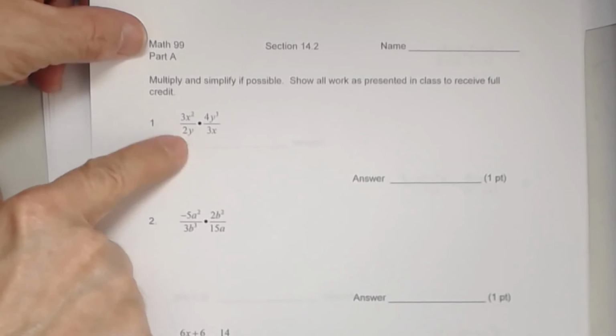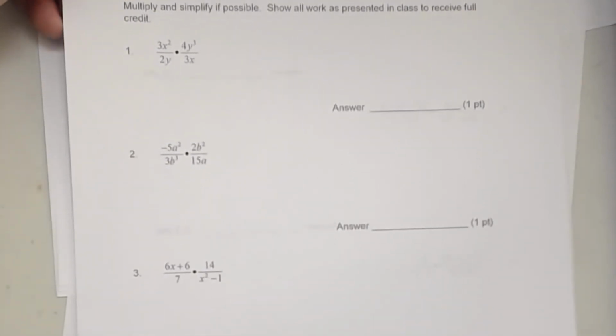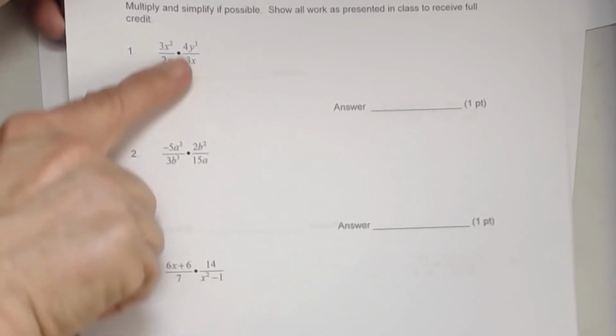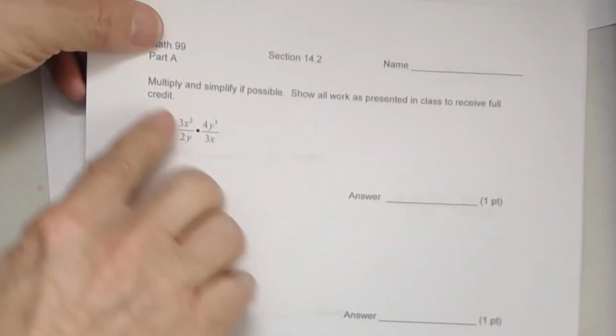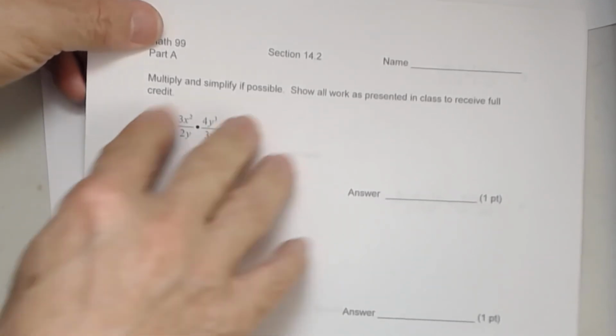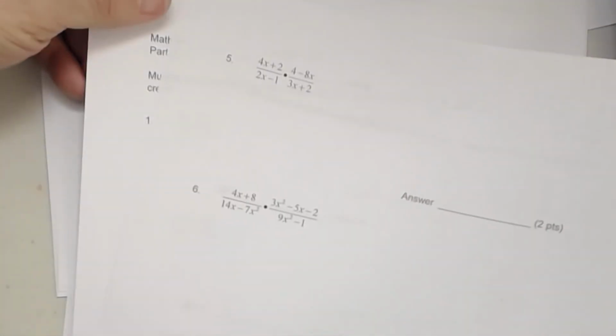So you have monomials. Now you're starting to have binomials. So you would factor here. Same thing here. So this part deals with multiplication. So when you do the monomials, you may want to multiply first and then reduce. But just say show work, okay? Show work.